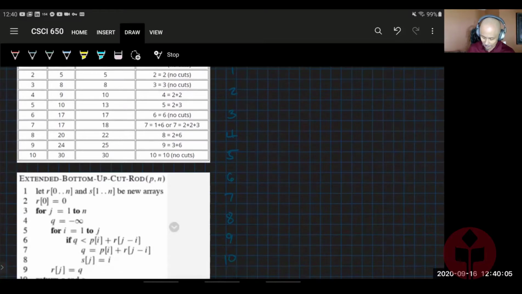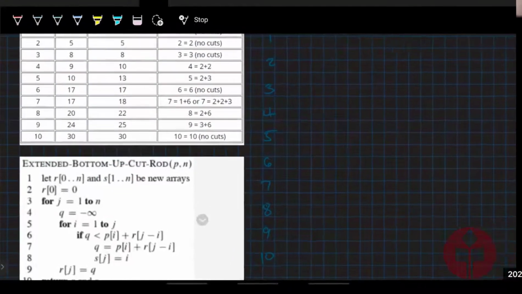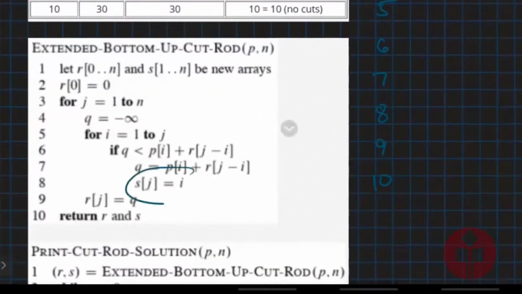The S value here from 1 to n, that will be indicated by the circles, because if you'll notice the way that the algorithm works, the S values are determined once we know the maximum for the jth iteration. So j is the iteration number, and i is the value of i for which we found a larger value based on line 6.